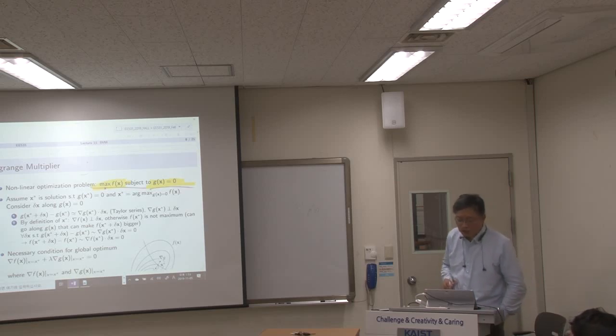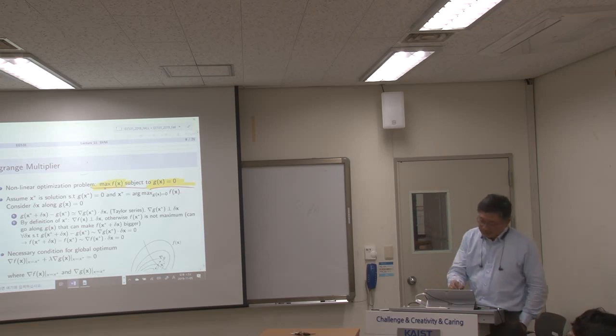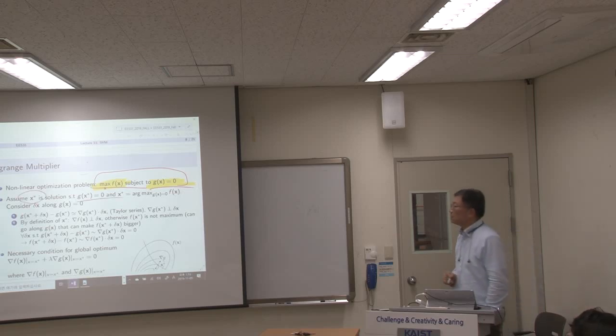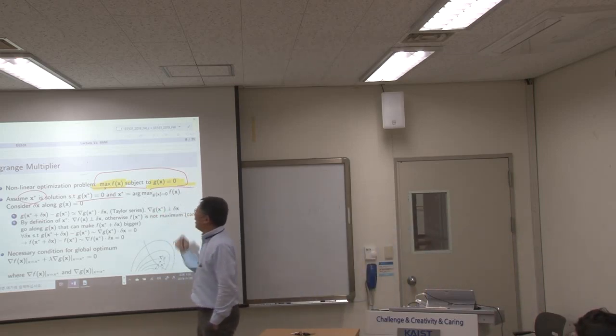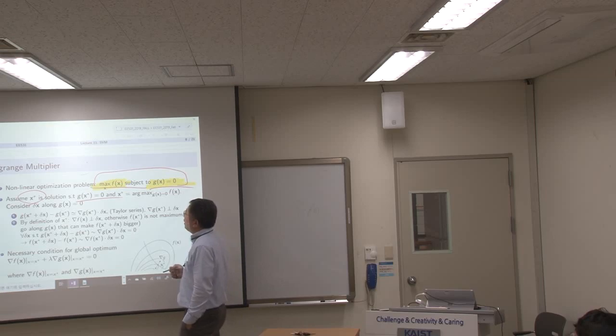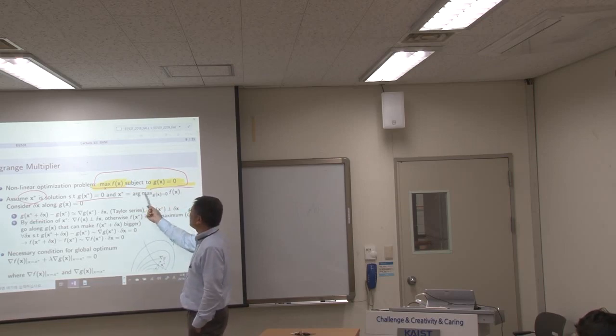Okay, let's look at this. Assume that we're looking at this. Assume that x star is a solution such that this is true, and x star also maximizes f(x).